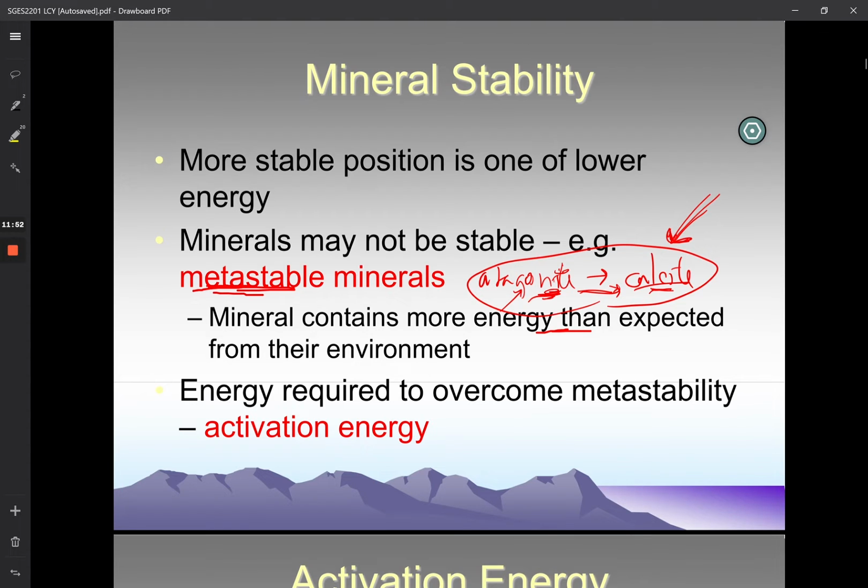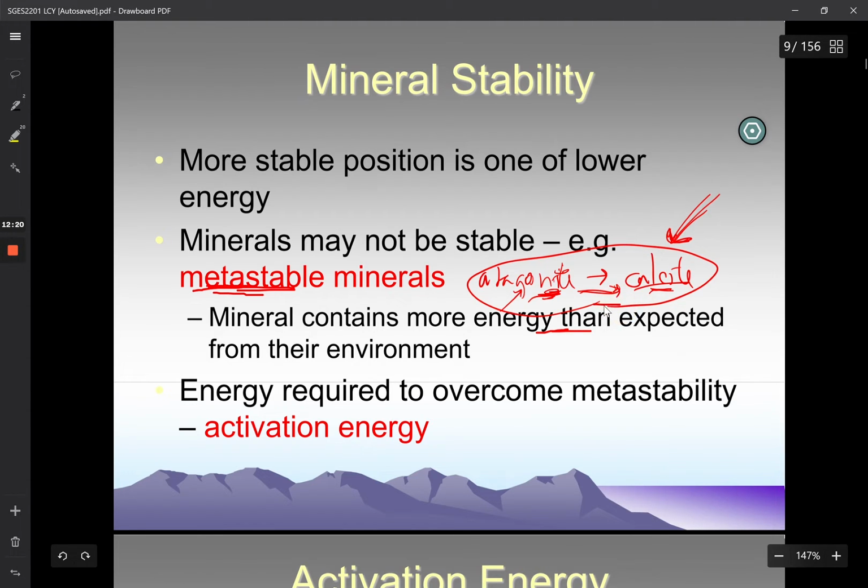They will transform to more stable minerals. But of course, we need to know if the process is endothermic or exothermic, so you also need to consider the energy during the changes.